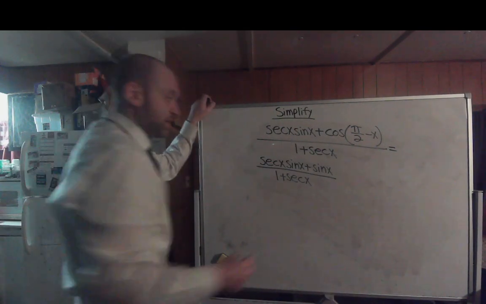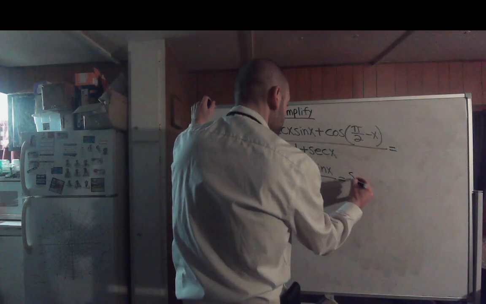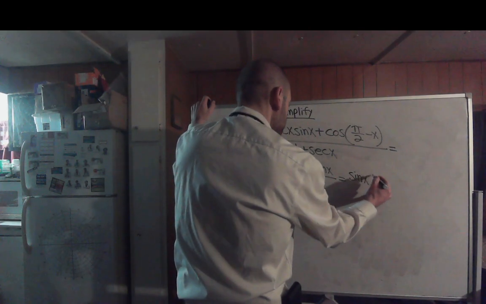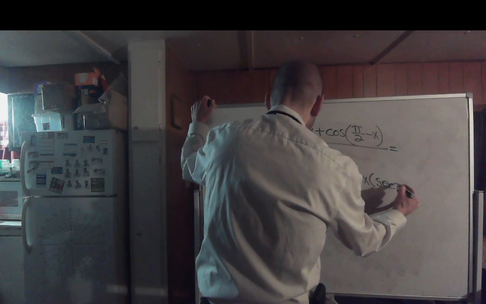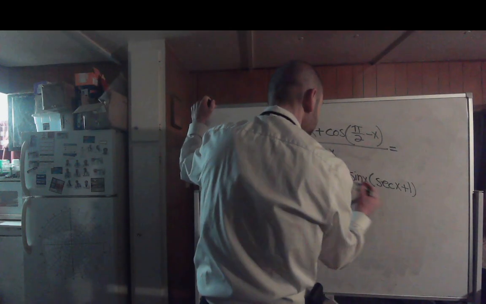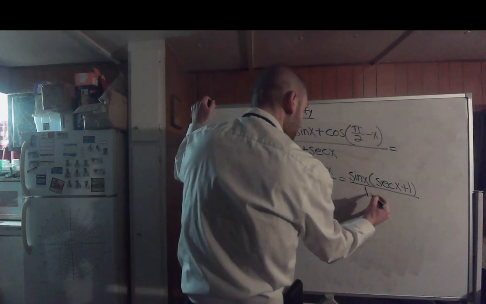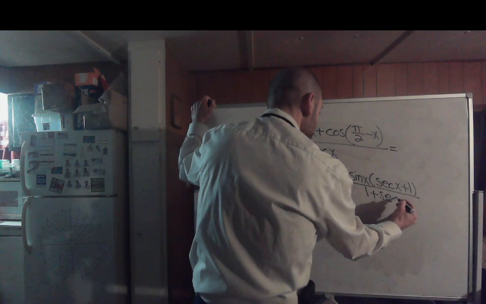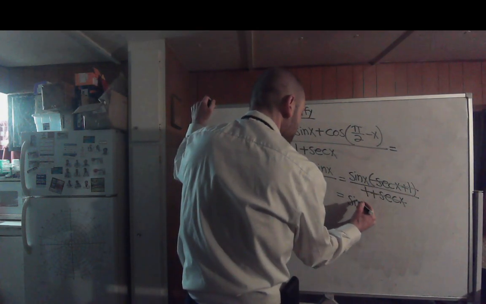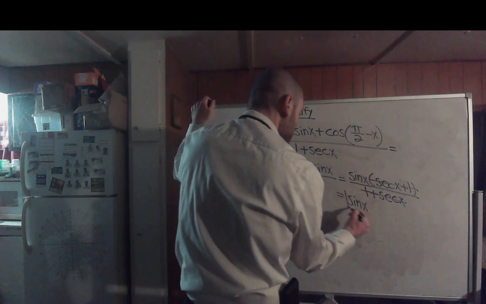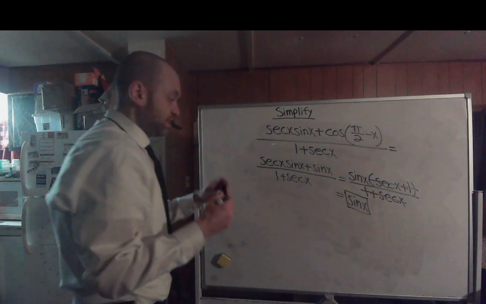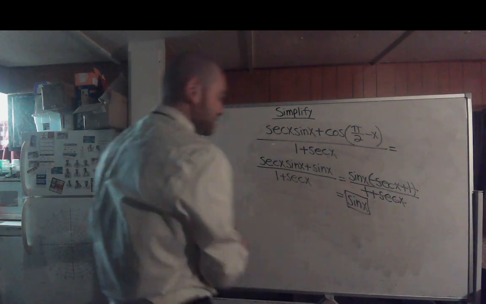You can factor out a common sine of x, right? So this would turn into the sine of x times the secant of x plus 1, all over that 1 plus the secant of x. Well, what do you know? Your numerator and denominator cancel out. You're just left with the sine of x. So all this is going to simplify into the sine of x.